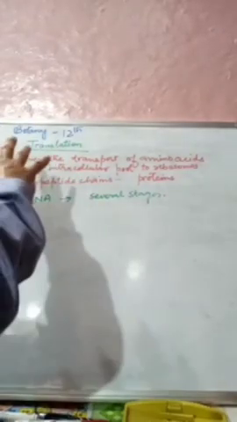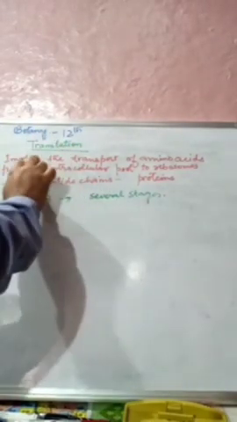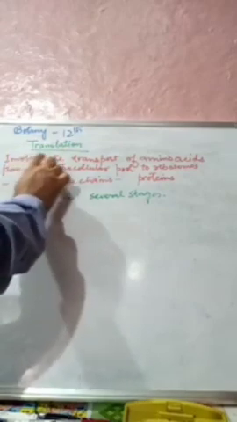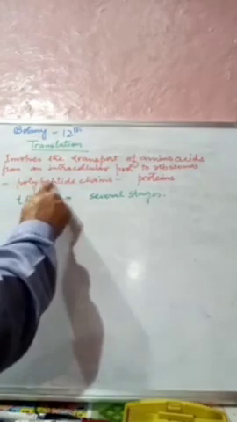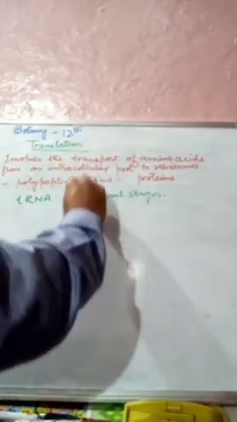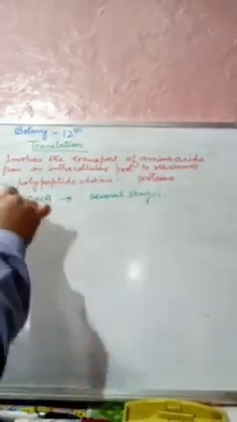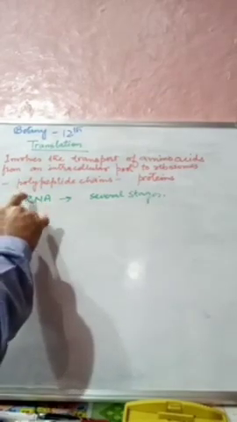I will first repeat this. What do we mean by translation? It simply involves the transport of amino acids from an intracellular pool to the ribosomes, where they are assembled into the polypeptide chain, which in turn is assembled into proteins.